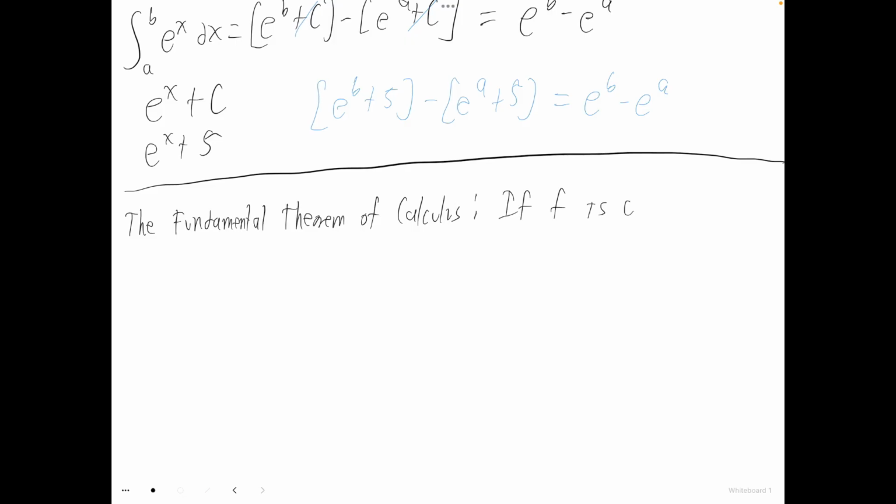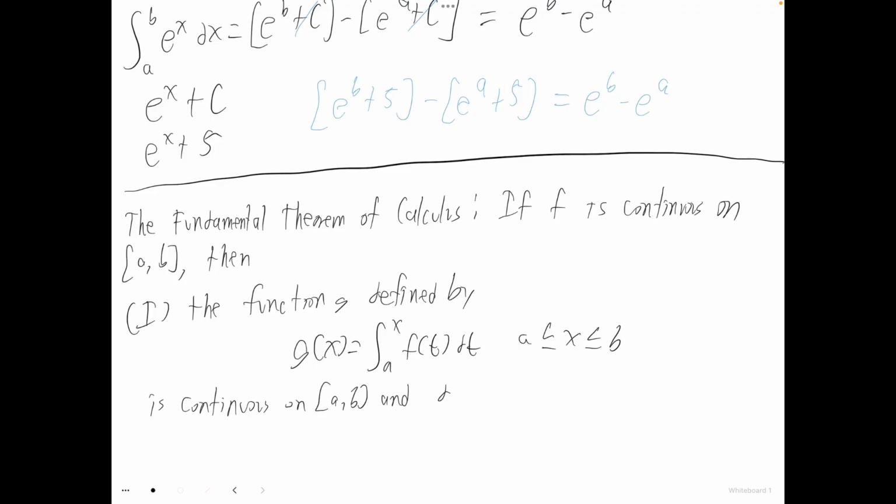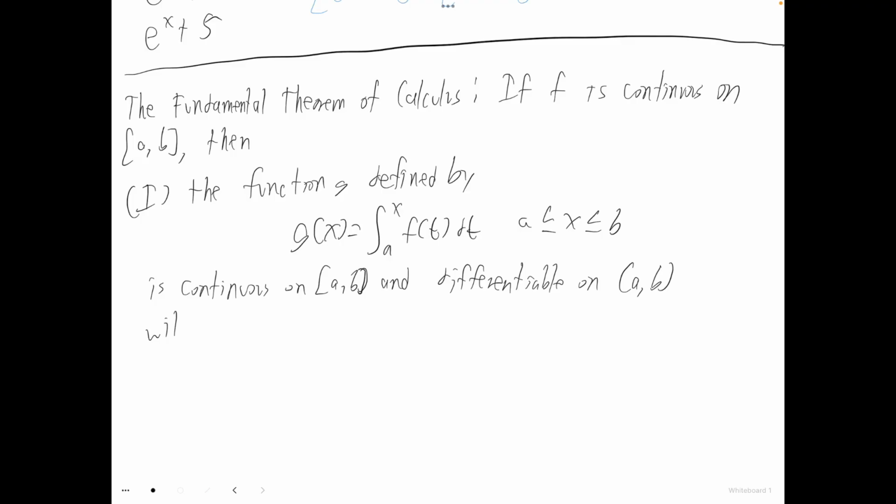If f is continuous on the closed interval a to b, then first the function g defined by g of x equals the integral from a to x of f of t dt for a less than or equal to x less than or equal to b is continuous on the closed interval a to b and differentiable on the open interval a to b with g prime of x equal to f of x.